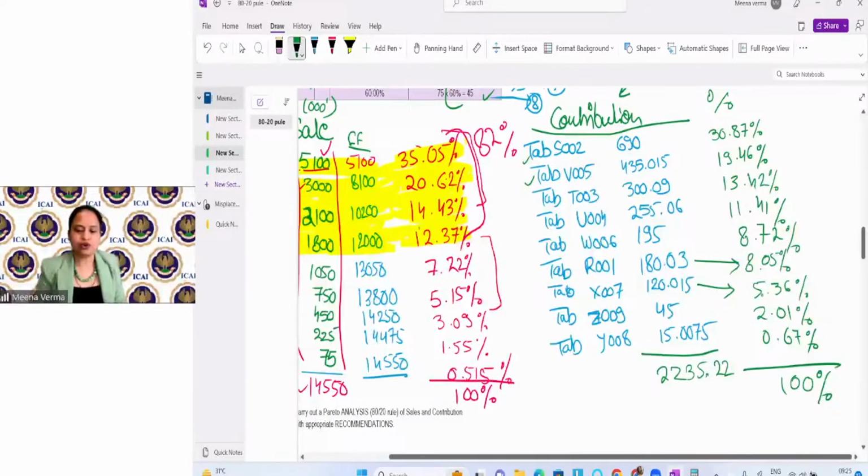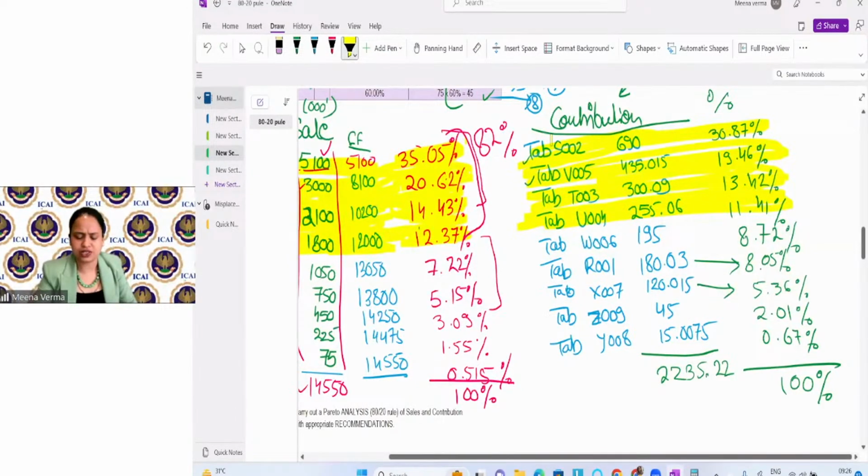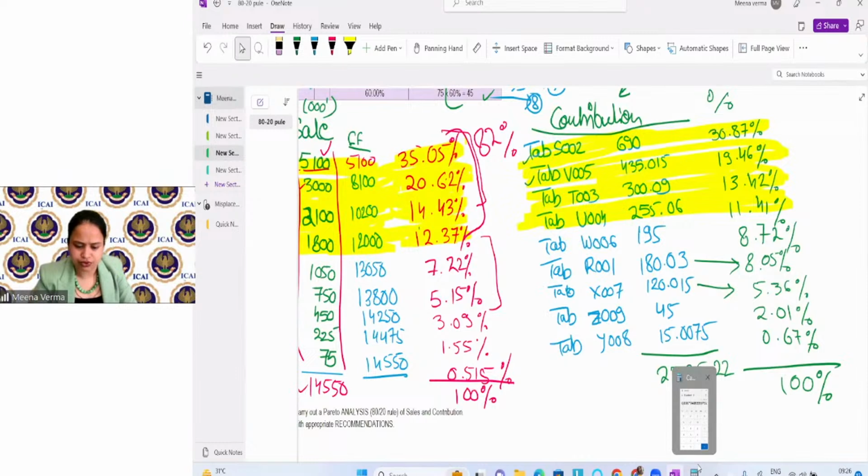All right. Now, if you see, most of the contribution the company is deriving from these tablets, right? This tablet, 30 plus 40, 50, 60, 70, so if you add them, it will be around 70%. Let me add if you want.